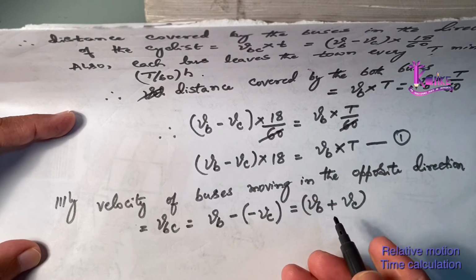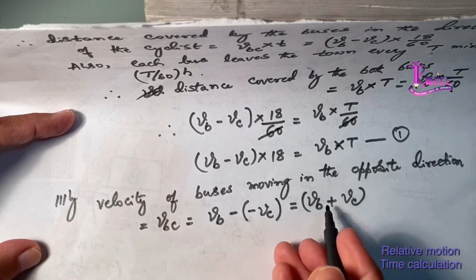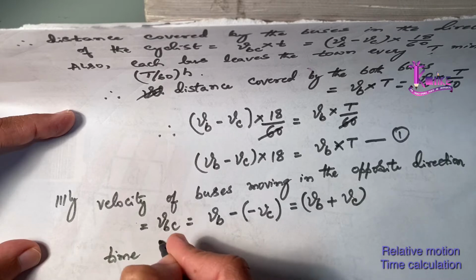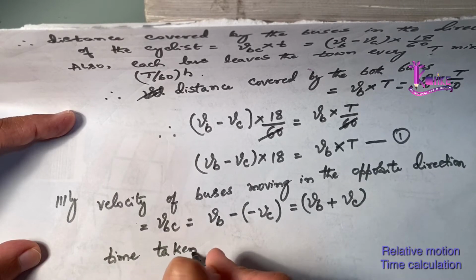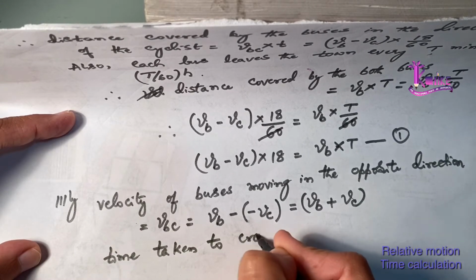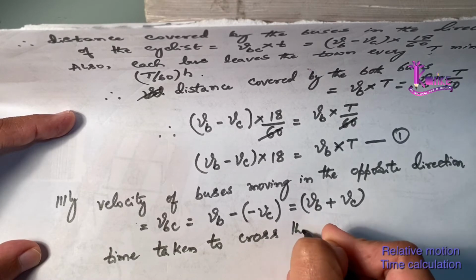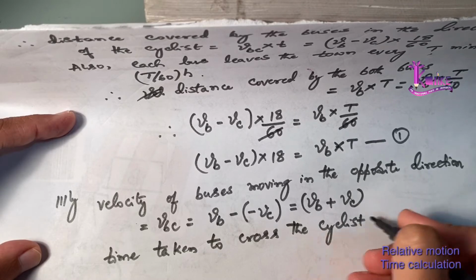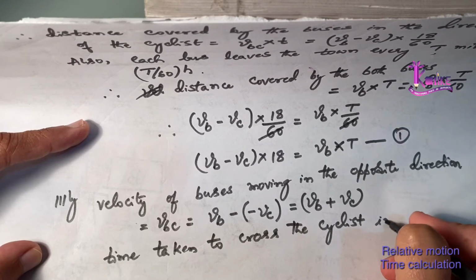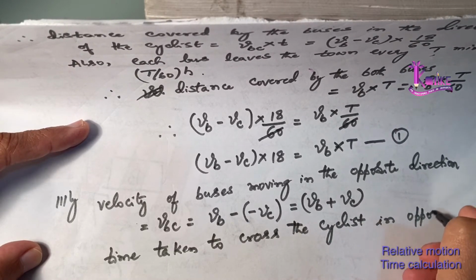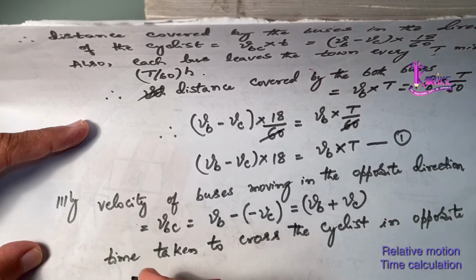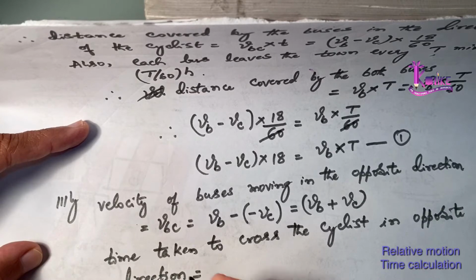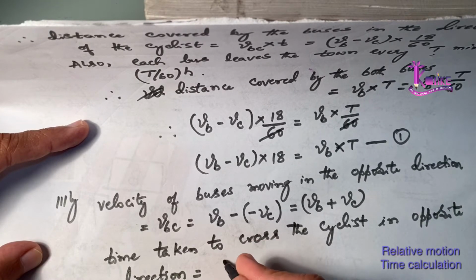Now what is the time that the bus takes to cross the cyclist in the opposite direction? The time taken to cross the cyclist in the opposite direction will be how much? 6 minutes, right?